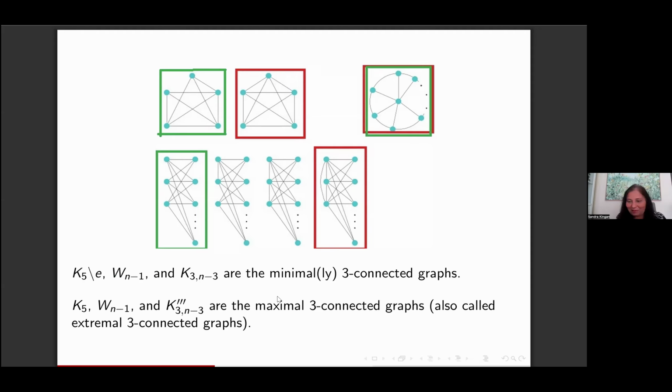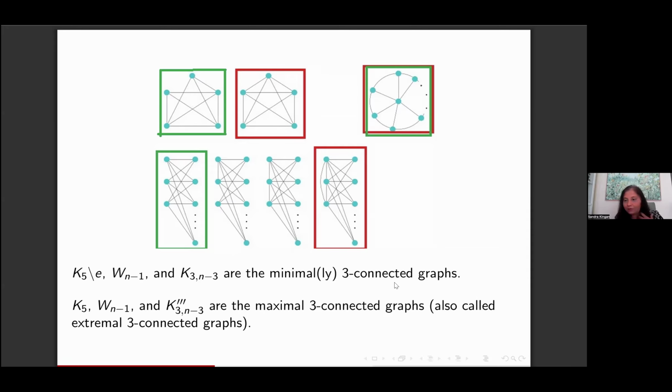So I'll just give you a moment to read it. Yeah, and if you figure out the minimally three connected ones, then you can figure out the monarchs easily.